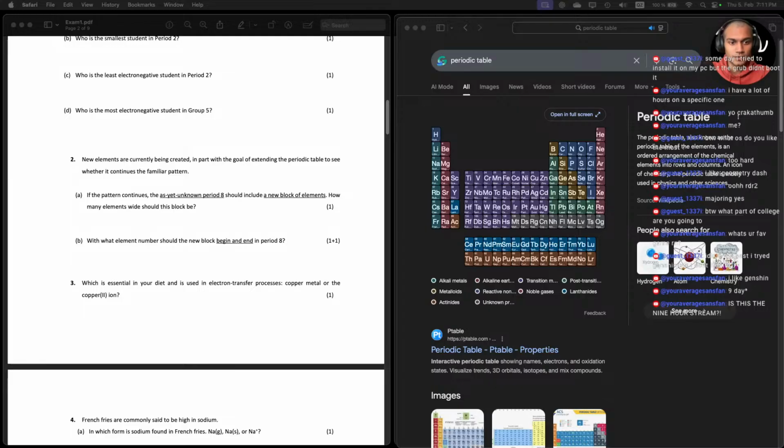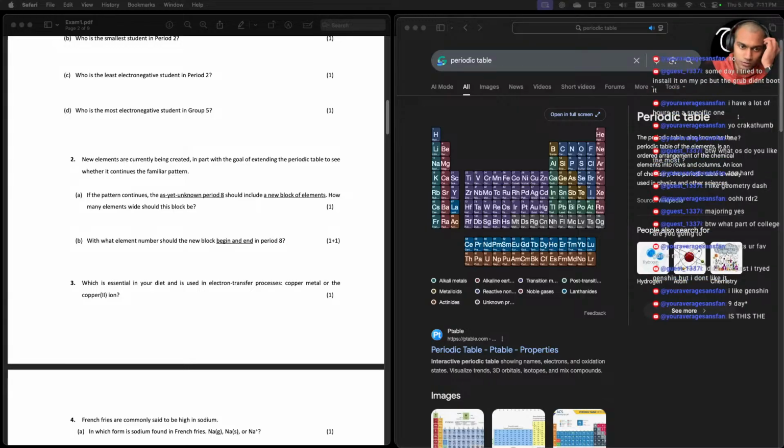Someday I tried to install it on my PC, but the grub didn't boot it. So I'm guessing Linux, right? Linux has a lot of distros. I think the most user friendly one is Ubuntu. Ubuntu is more usable. No, Palworld. Of course, Palworld.